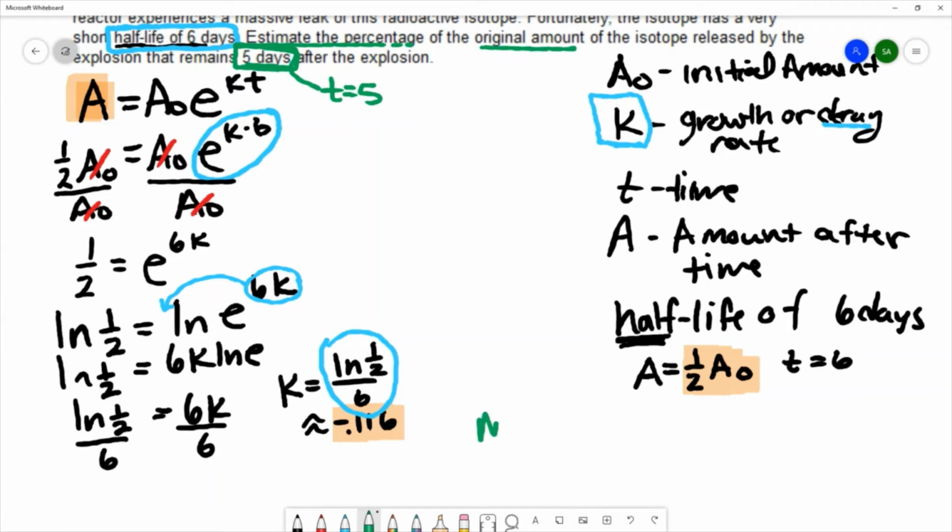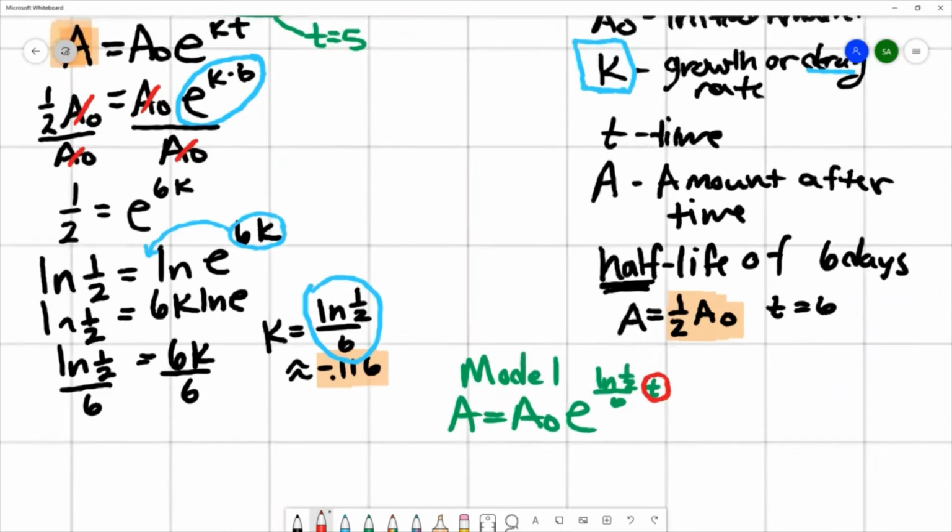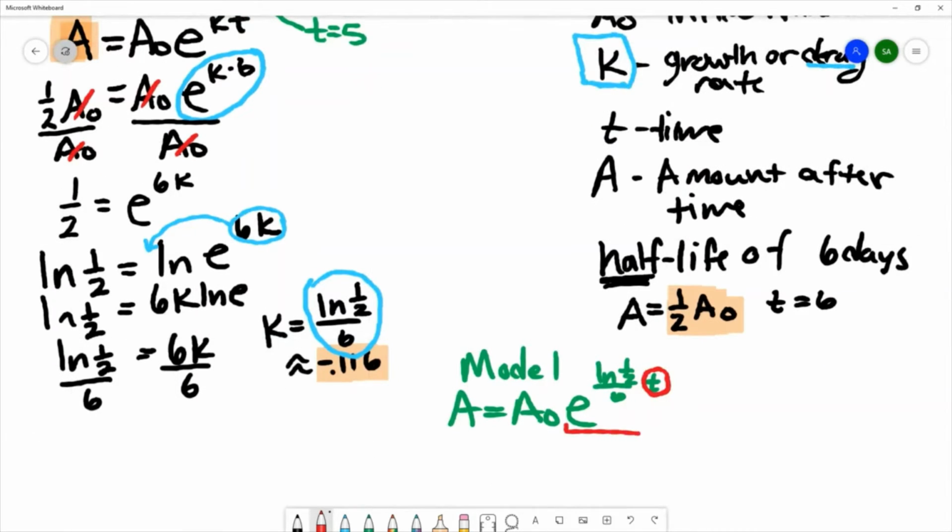So we have a model, and that model is A equals A naught e to the k that we just figured out, natural log of 1/2 over 6, t. We're going to substitute in that time of 5 days, and then we're going to do a calculation of this portion. That portion will be the percentage of the original amount that's remaining.